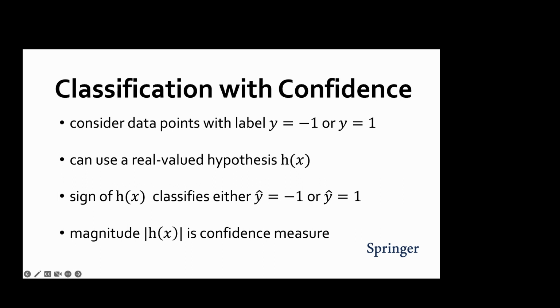We can then learn a real valued hypothesis that is used to predict the label via its sign. In particular, if the hypothesis delivers a positive value, we predict the label is equal to 1. Otherwise, we predict the label is equal to -1. Besides the sign of the hypothesis, we can also use its magnitude as a measure for the confidence in our predicted label value.